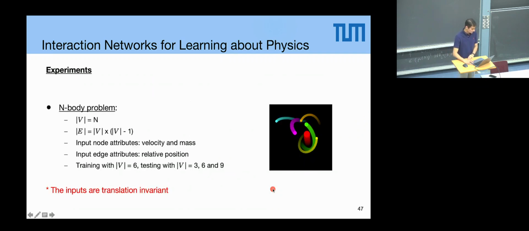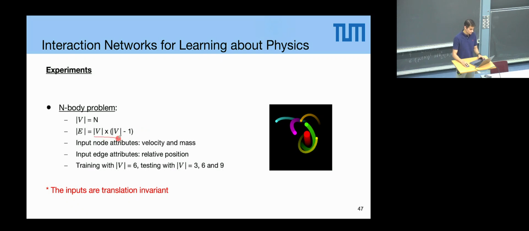Okay, now we can have a look at the different inputs and representations that they use for each of these problems. So let's begin with the n-body problem. We have n nodes, one for each of the bodies that we have, and in this case each of the nodes is receiving some attraction from every other node. So when we create edges, we need to create an edge connecting each node with every other node.